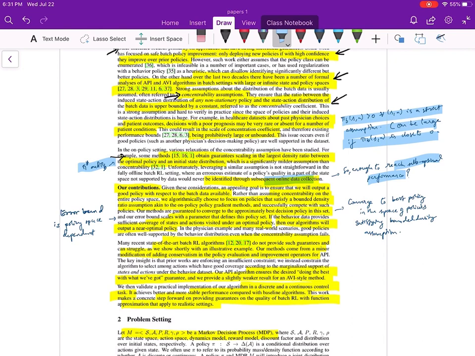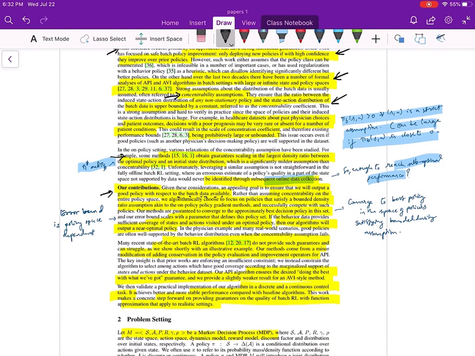So the contributions in this paper seem to be: we'll output a good policy with respect to the batch data available.